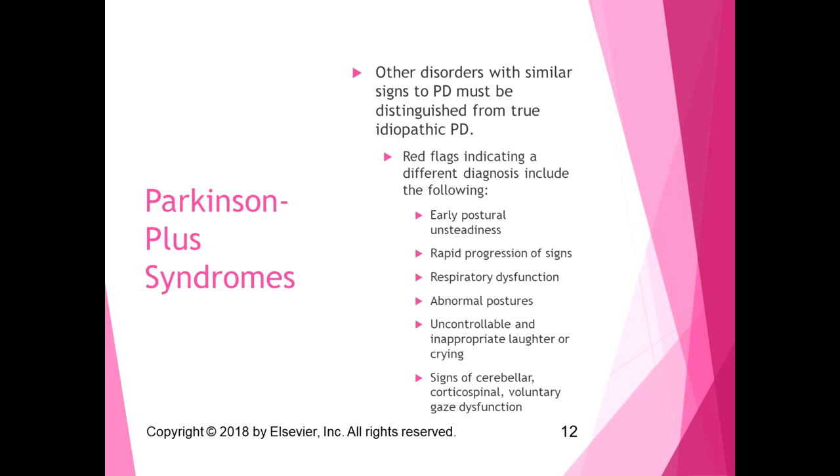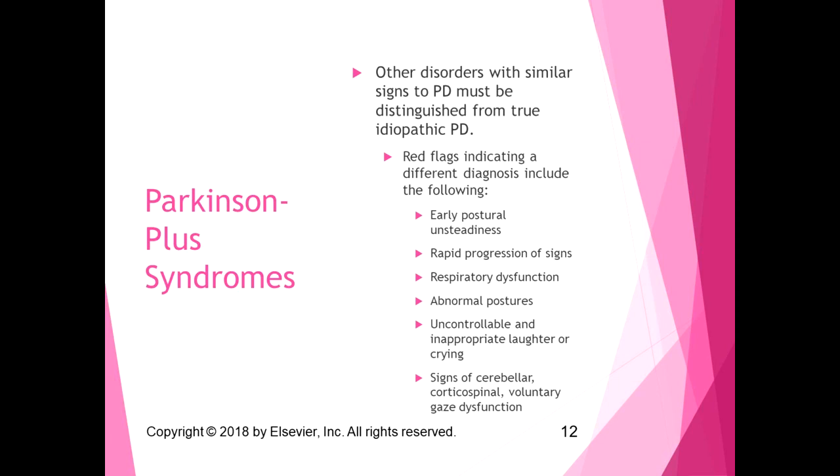red flags that indicate a different diagnosis other than true idiopathic Parkinson's include early postural unsteadiness. So people with true idiopathic Parkinson's, whether it's akinetic or tremor dominant, they don't get postural unsteadiness until later in the disease progression.